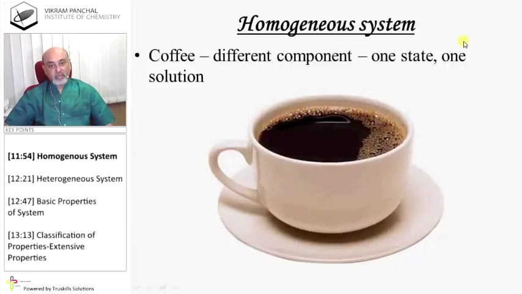Homogeneous system. This is a cup of coffee. It contains different ingredients, like it contains coffee, it contains water, it may contain sugar, but we cannot differentiate it. So there are different components, but one state, one solution. So it is called homogeneous system.